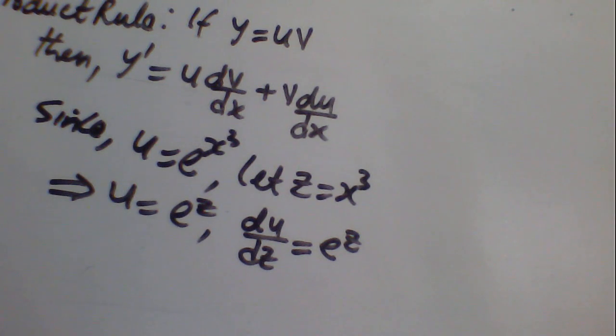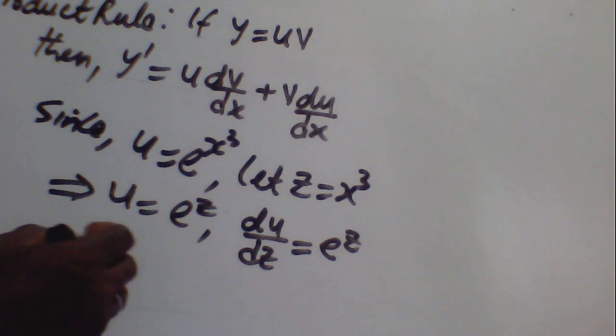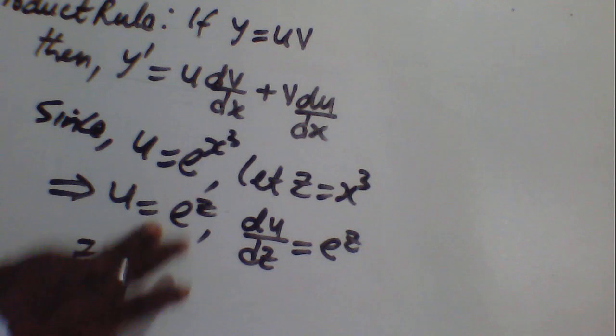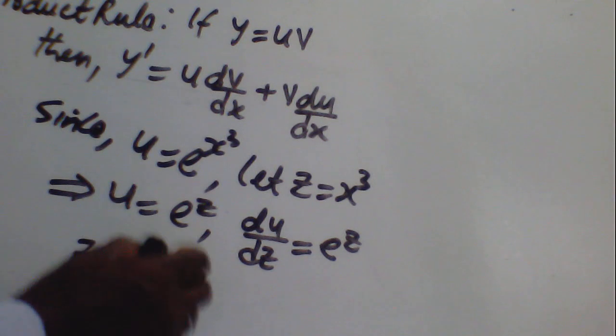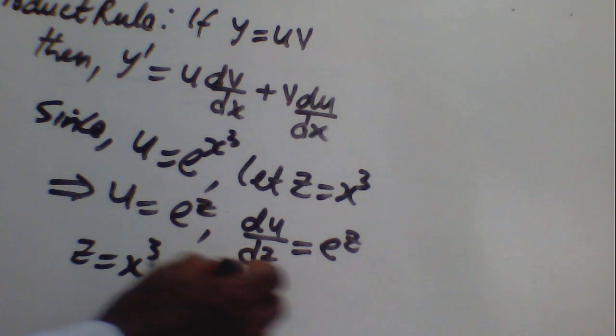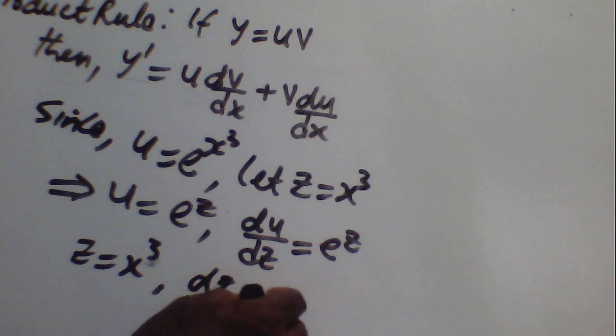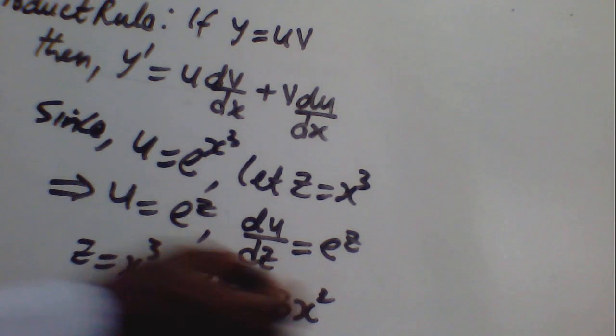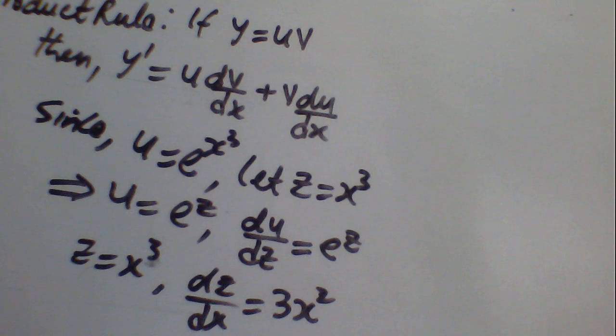The next thing is to differentiate z. Since z is equal to x cubed, dz over dx will be equal to 3x squared, is it not?